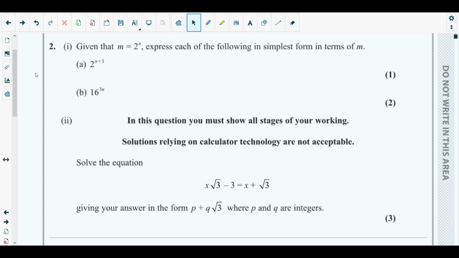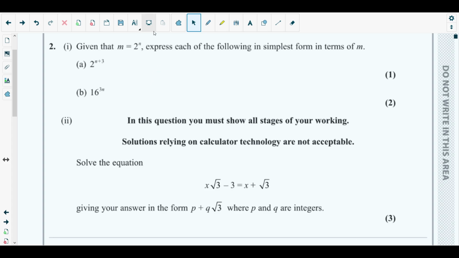To do this question, you should definitely have done chapter number 1 of your P1 book, which is about simplification of algebraic terms and solving surds. Exactly these concepts will be found in this question. So let's get started with question number 2.